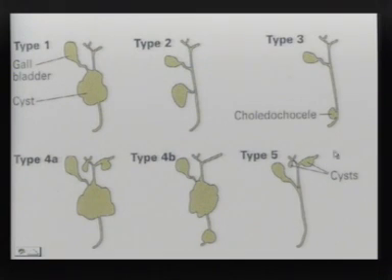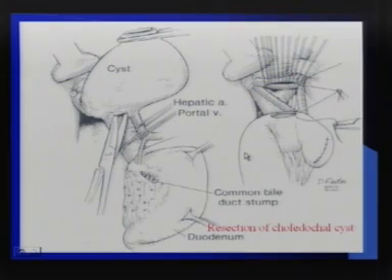For Caroli's disease, if it is localized to one segment, one needs to go in for a liver resection. However, extensive Caroli's disease may require liver resection and transplantation. This is one presentation to show what it means to remove a choledochal cyst.